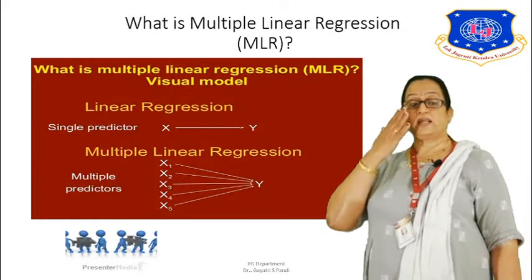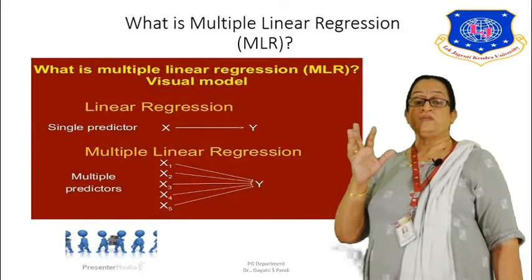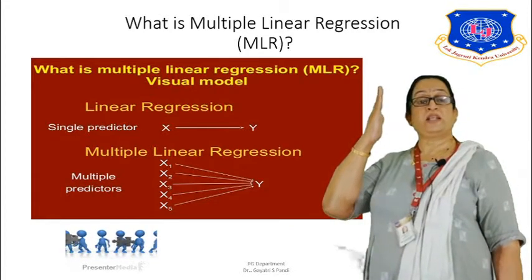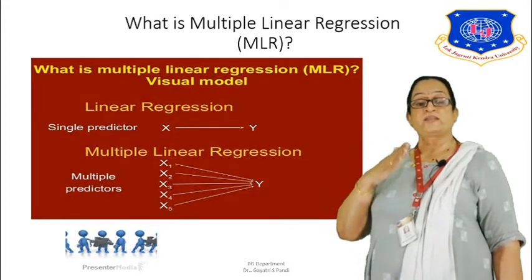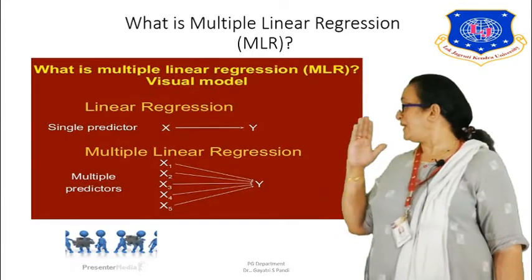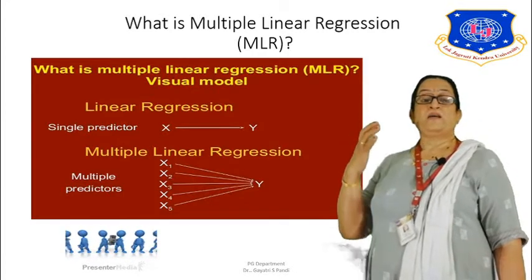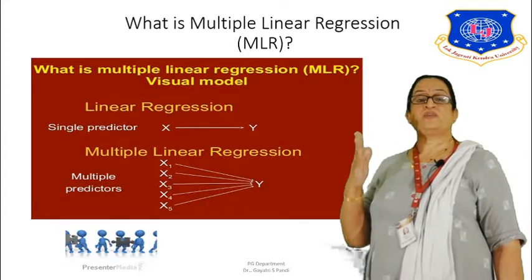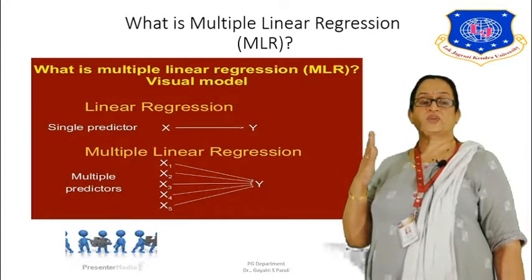This is basically your linear regression, whereas the visual model for multilinear regression shows there are multiple predictors. You have x1 to xn and they are trying to predict the value of y. So multiple values of x is an indication that it is a multilinear regression, which is termed as MLR in short.